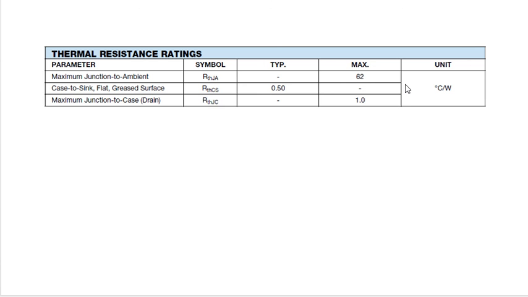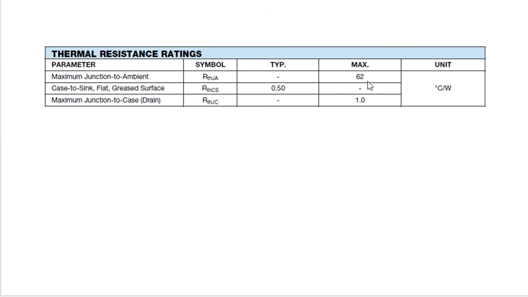So what we have to do here is multiply 62 with our total losses. Our total losses are 0.066 into 62, and this gives us 4.09.